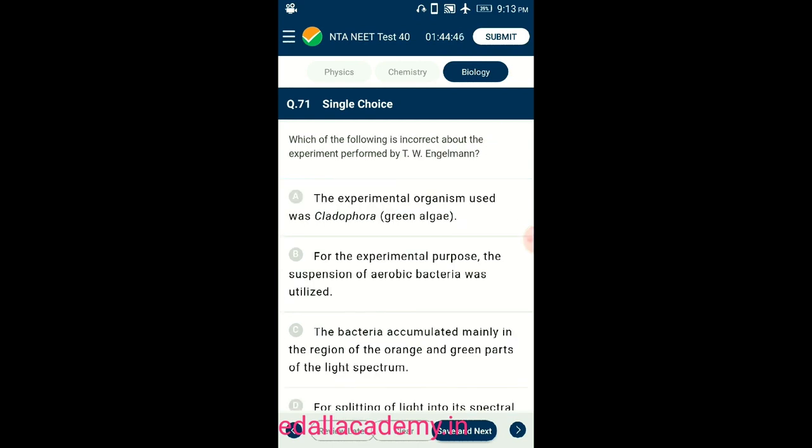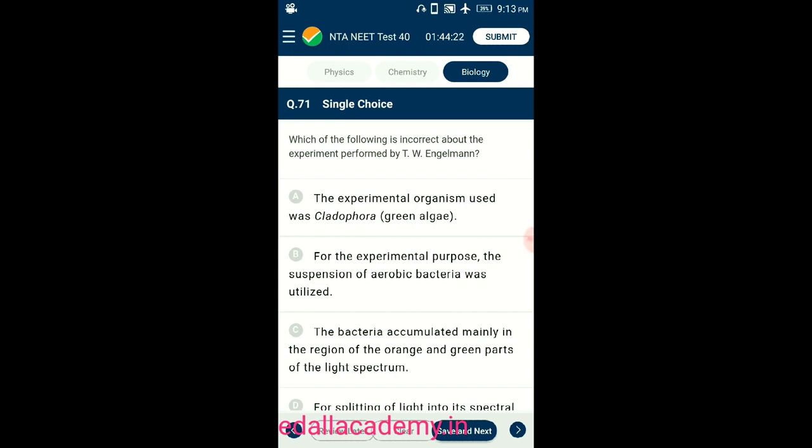Question number 71. Which of the following is incorrect about the experiment performed by T.W. Engelmann? Here 4 statements are given. T.W. Engelmann experimented on Cladophora. He illuminated Cladophora with white light after passing through a prism.